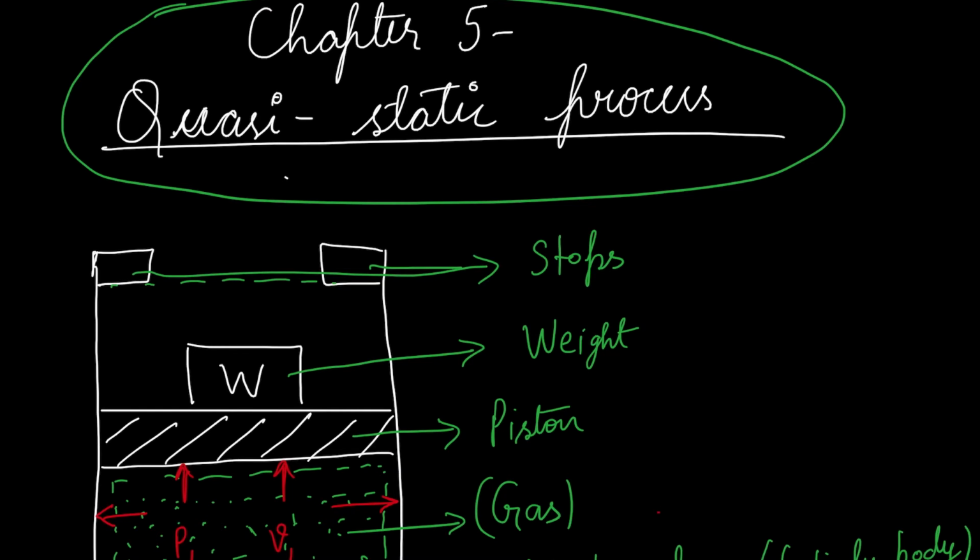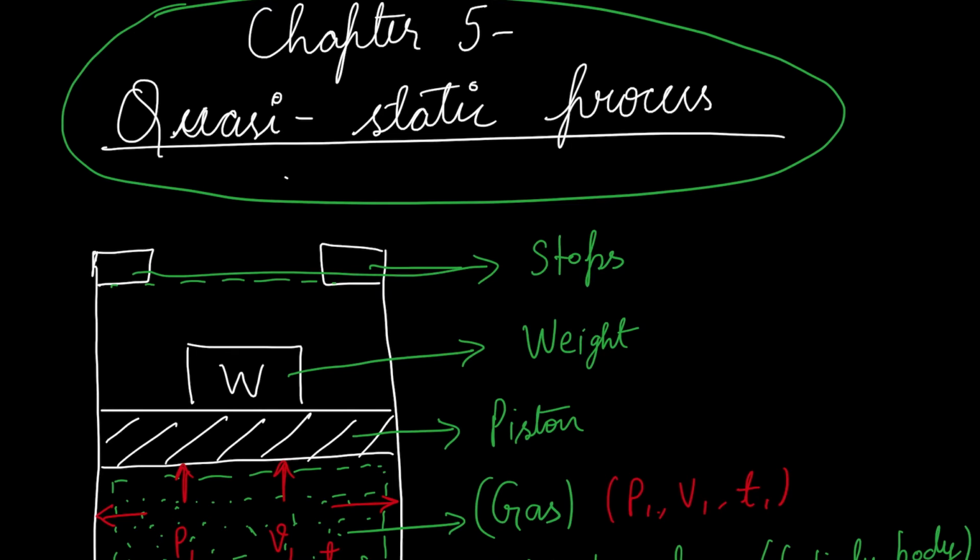And also let's say that the temperature of this gas is T1. So I can clearly say P1, V1, T1 are the thermodynamic properties. If you recall chapter 3, what are thermodynamic properties? Thermodynamic properties are characteristics which define a system. So this system has pressure P1, V1, T1. That's how I define this system here.